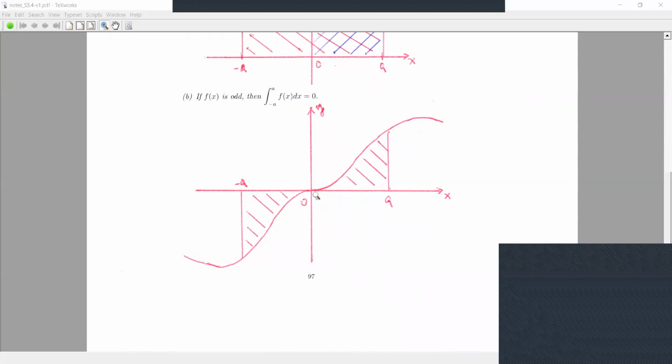Because the curve is symmetric about the origin, the area above is equal to the area below. So the net area, above minus below, is 0. Therefore, this integral is 0 when the function is an odd function.